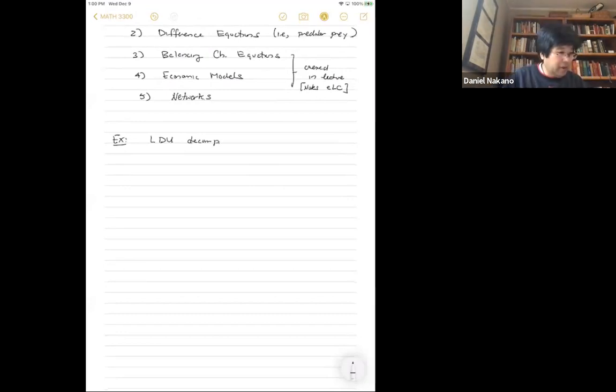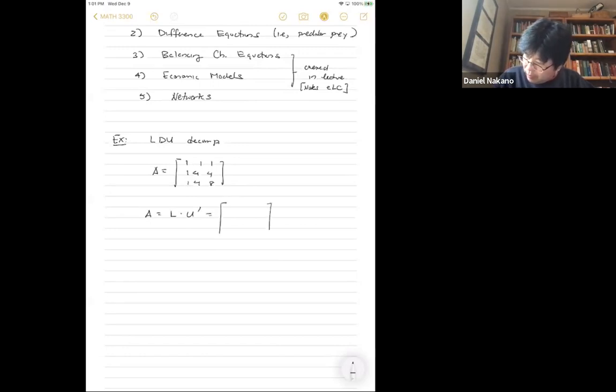Okay, so here's the example I gave you from last time. So quickly, A is going to be equal to the matrix with rows 1 1 1, 1 4 4, and 1 4 8. And what I get is that A is equal to L times U prime.